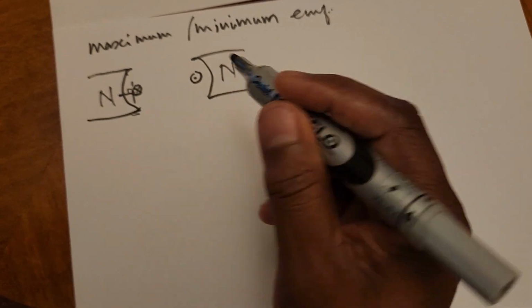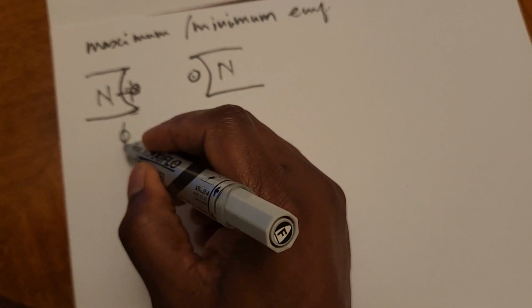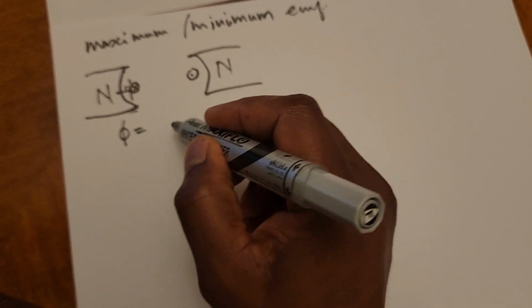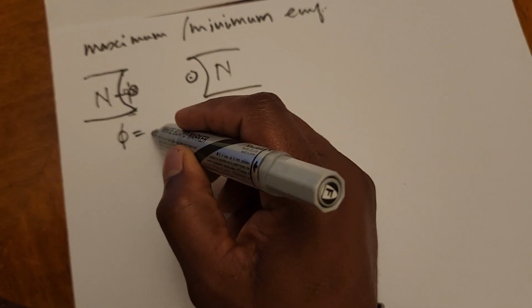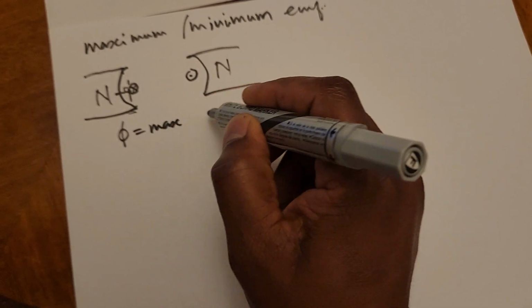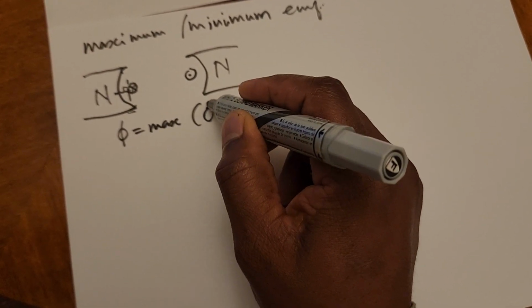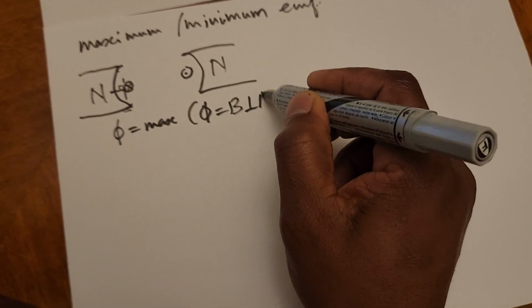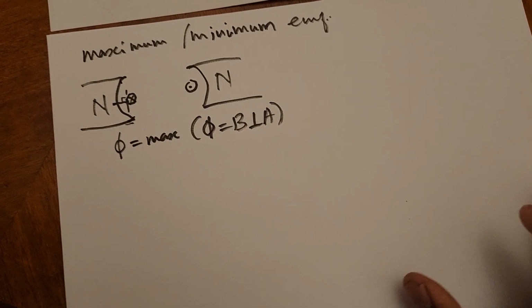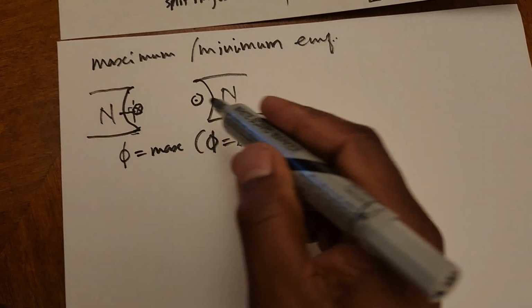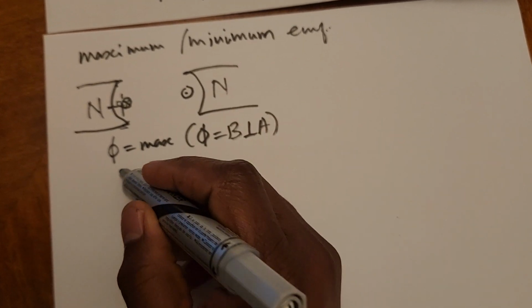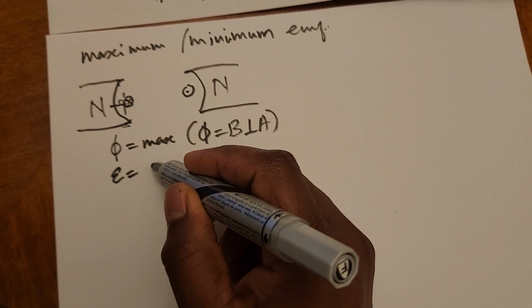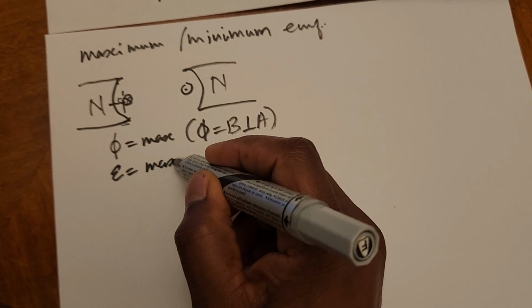Then we say the phi will be maximum. Remember, phi is maximum when the field is perpendicular to the area. That's what we learned in grade 11. Therefore, at this horizontal position, the EMF that is induced will be maximum.